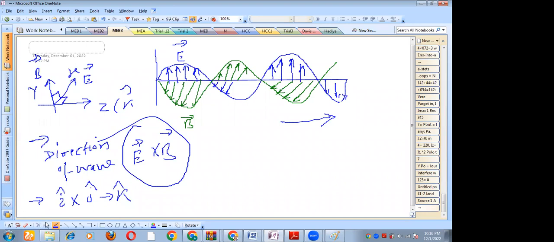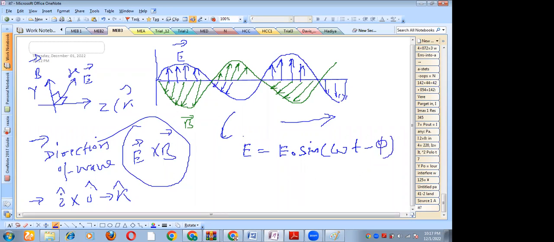Now the equation we can easily write. We know that if a wave is a sinusoidal wave, we can represent the electric field. Suppose electric field is in x direction, so we can represent it like E is equal to E naught sine omega t minus phi or something like that.